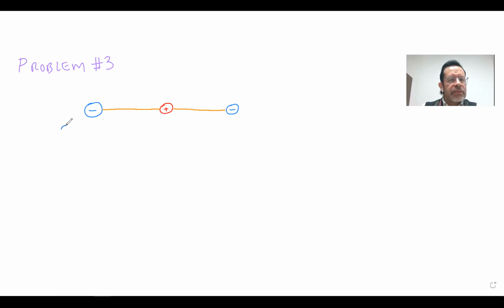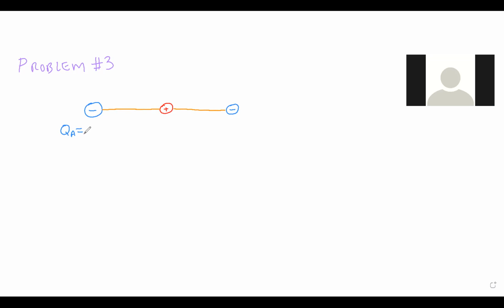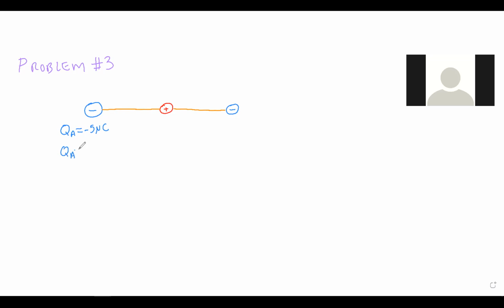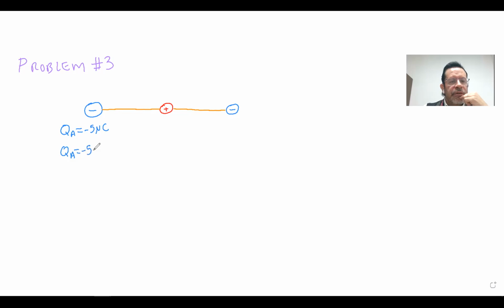What's the value of charge A according to the problem? -5 microcoulombs. Okay, we've got -5 microcoulombs, and so this would be -5 times 10 to the -6 coulombs. Then we've got charge B. House Power Rangers, what is the value of charge B?